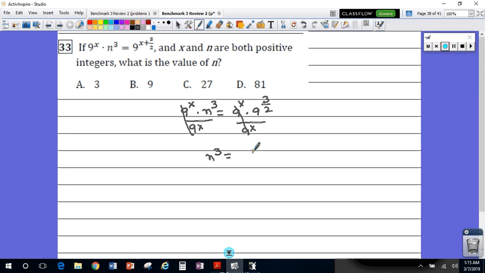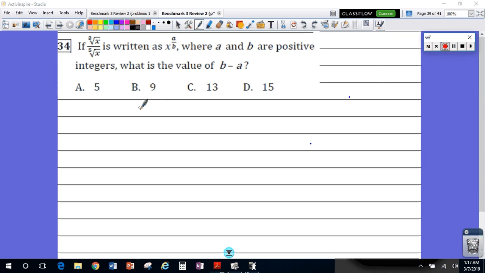N cube equals 9. 9 I can write it as 3 square to the exponent 3 over 2, right? So that is n cube equals 3 to the exponents, this 2 and this 2 will be crossed out. The answer is 3. So n cube equals 27. That is n equals 3. The answer is A.